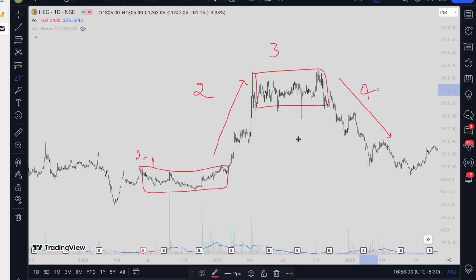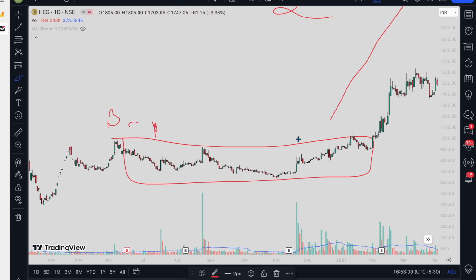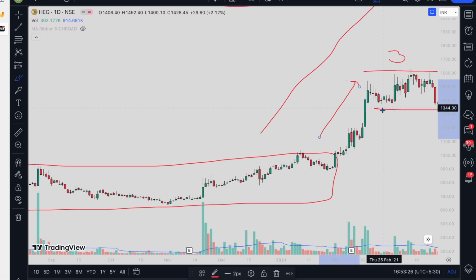Now let's deep dive into this and understand how you will behave here. The question comes here. After reading the book, this would have looked like what? 3, right? Because there was 2 and then there was 3. But what happened? Here you will feel that yes, a big red candle is coming here.